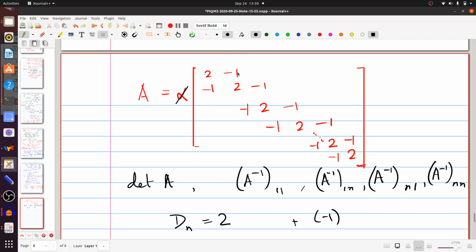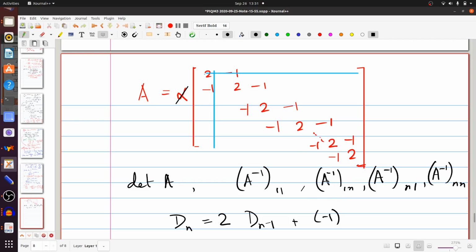This minus 1 here. So let's see. If you want to find the cofactor of 2, you drop the row and the column containing 2. And if you do that, you immediately see that what you are left with is again a matrix of exactly the same kind. So its determinant will also be of exactly the same kind, with only one difference. It will have n minus 1 size. That is, this is 2 d n minus 1.